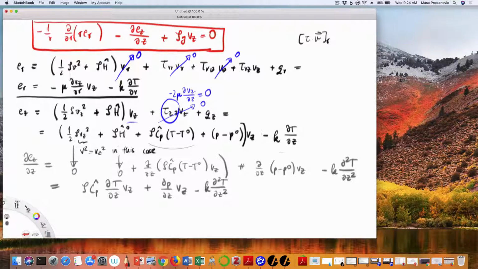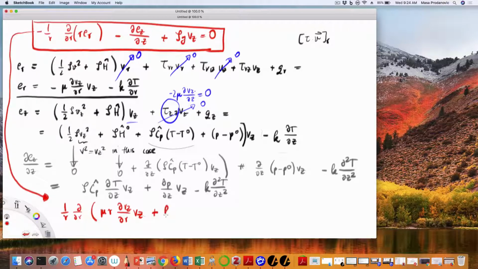So if I put it in, I'm now going back to my red equation, so maybe I can continue in red color just to be obvious. Derivations so far were sort of a helping hand. So I have minus 1 over r, and then my Er is all negative. So that's 1 over r d/dr of mu r dVz/dr, plus k r dT/dr.